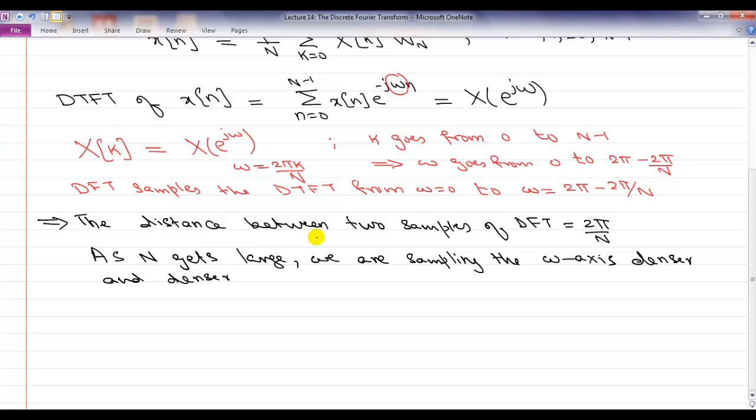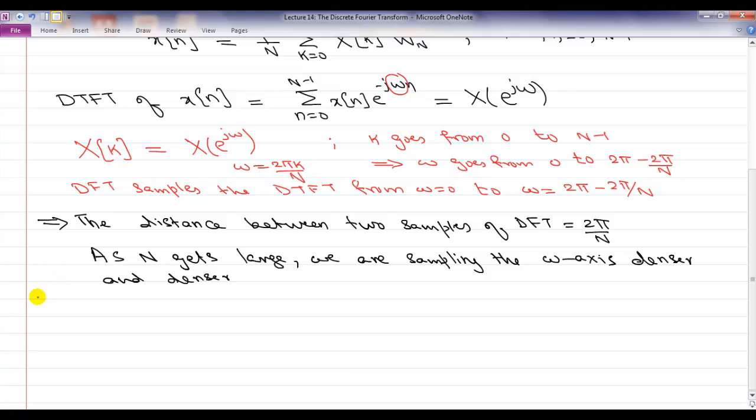And as our capital N increases, as the number of samples increases, our DFT starts approximating the DTFT more and more. So this is where we had left off in the last class, and we'll move forward from here.